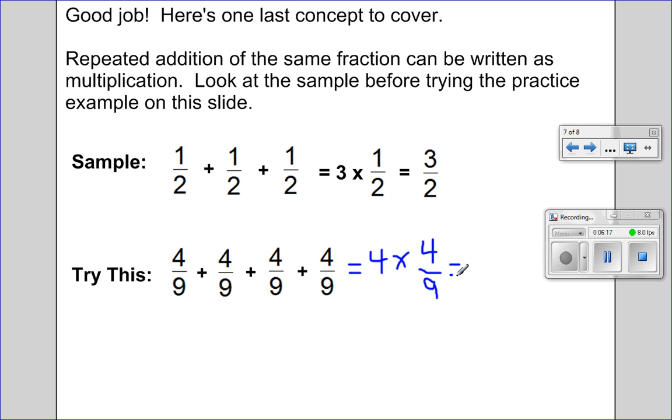Okay, and I think 4 times 4 is 16 over 9. And for those of you who may have forgotten, you can certainly end up with fractions which have a larger numerator than a denominator. These are, of course, improper fractions, which we'll be doing a fair amount of work with as we proceed with this unit.